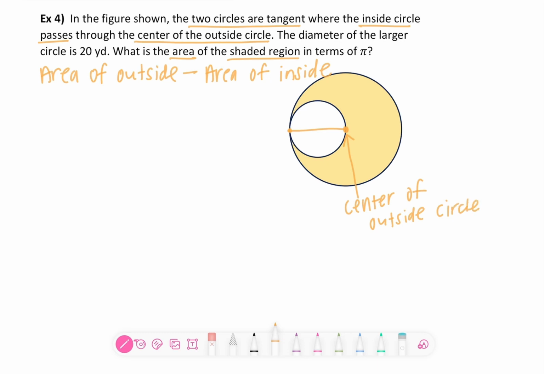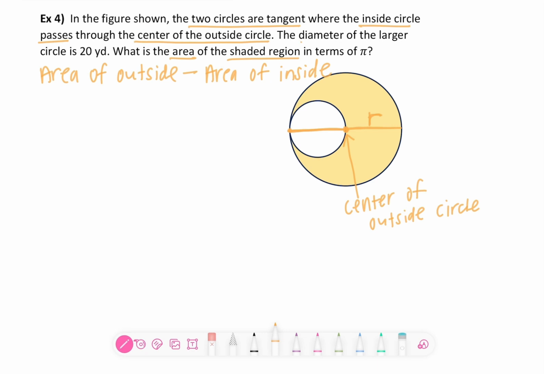That means that this whole distance right here is actually the radius of the outside circle, just like it is on this side.